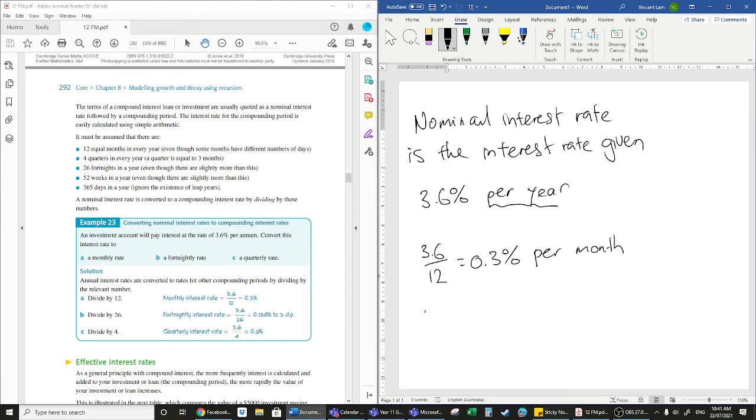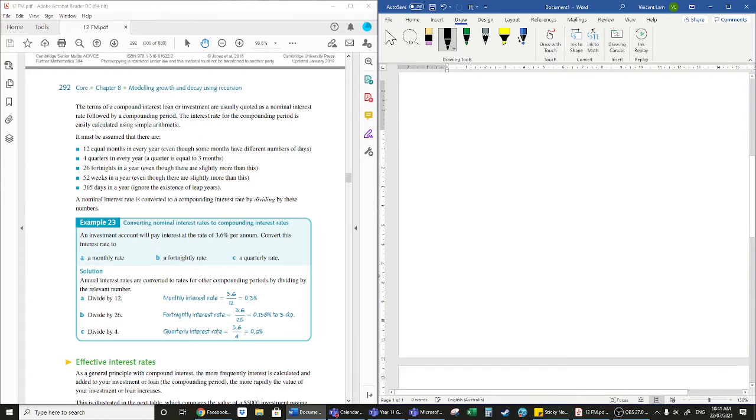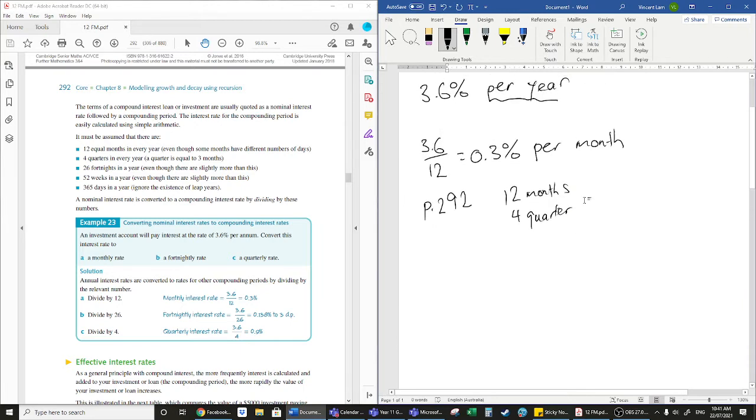So page 292, the 12 months, 4 quarters, things like that. Make sure you have it in your book. If you think you might forget, then definitely write them down. I don't want any excuses like, oh, I can't remember how many weeks there are in a year, because I'm telling you to write it down in your book.